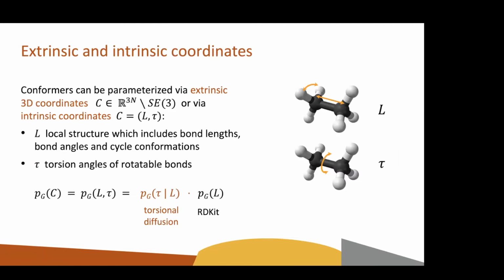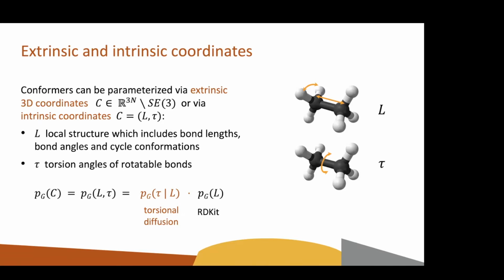By this, we mean that in that framework, you consider a conformer to be a point cloud in 3D space, parameterized up to some global rototranslation. If you do this, it's pretty hard to disentangle the degrees of freedom that are hard to determine from those that are easier to determine.